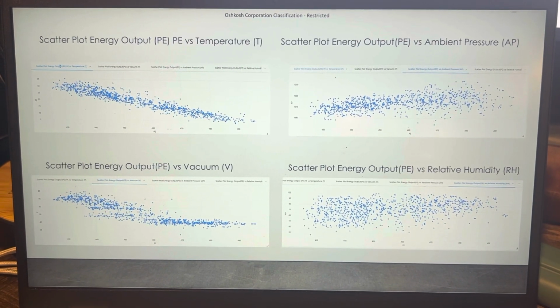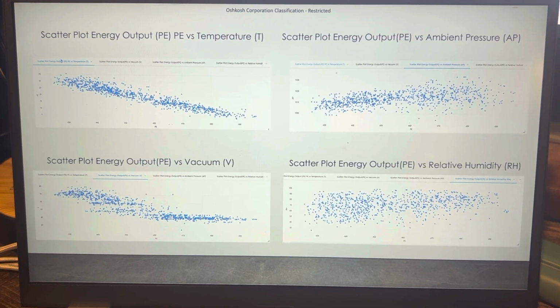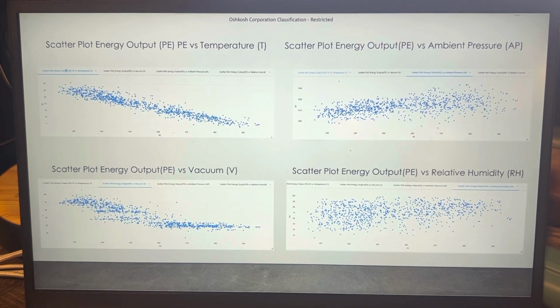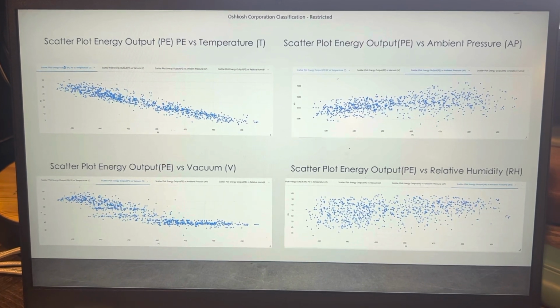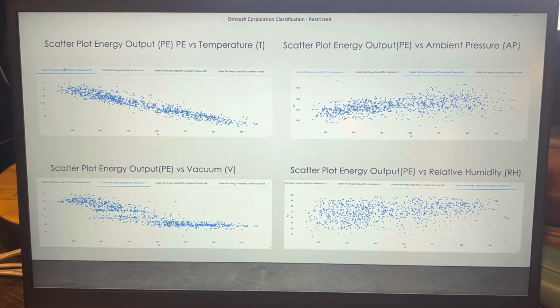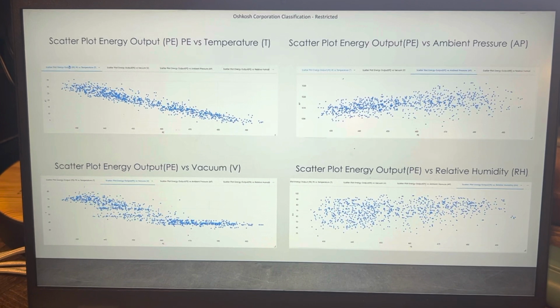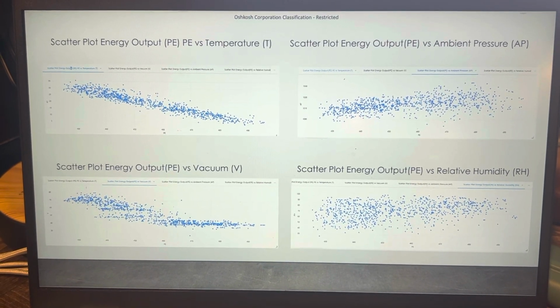Since we're trying to figure out what would be the best feature relative to power output, I wanted to see what our results would be when we did a scatter plot analysis comparing power output to the different features.